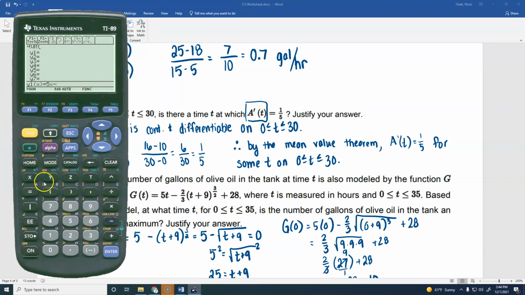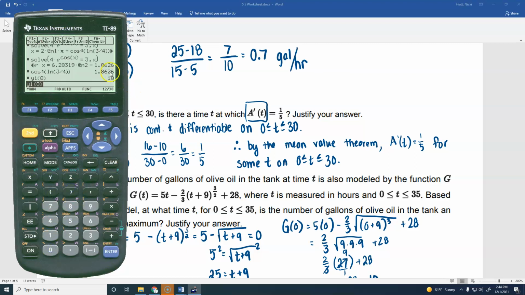You guys know you can do this whenever, if you are using the calculator for this, which I didn't think was calculator active, but I'm seeing now that I don't want to do this without it. If you type this into Y1, then when you go to the main screen, you can just type in Y1 of 0.